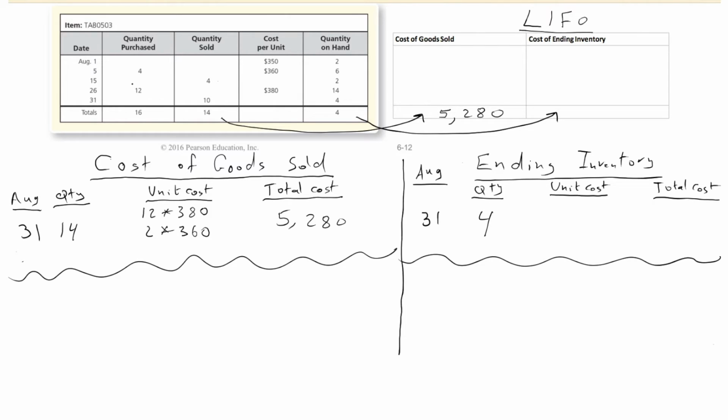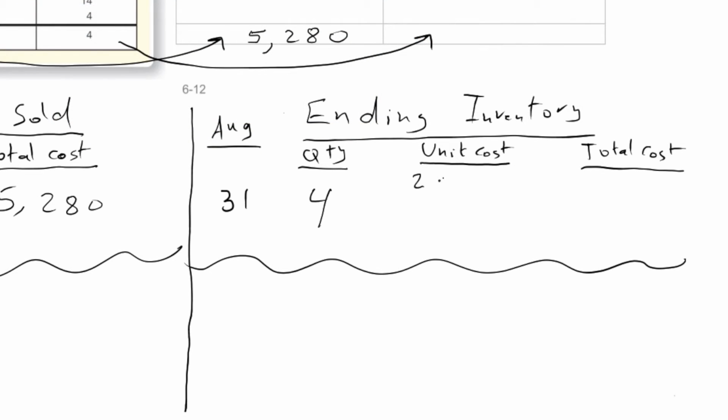Remember that those 12 units were sold out, so there's no more 380 to be used for ending inventory. And then one step back, those 4 units, we sold 2 out of 4, so I still have 2 of those 4 available. So I will say 2 of them multiplied by the cost per unit, which is 360.